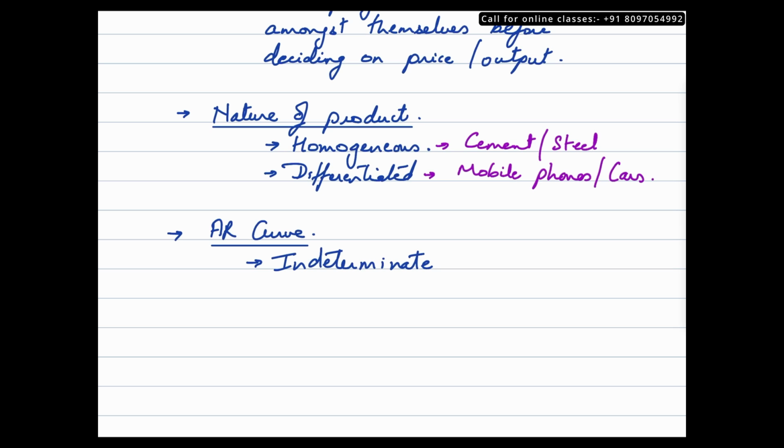Now, the AR curve in an oligopoly market is indeterminate. Indeterminate means it is uncertain. Now, why do we call it uncertain? Simply because in an oligopoly market, all the firms are interdependent. They depend on each other.